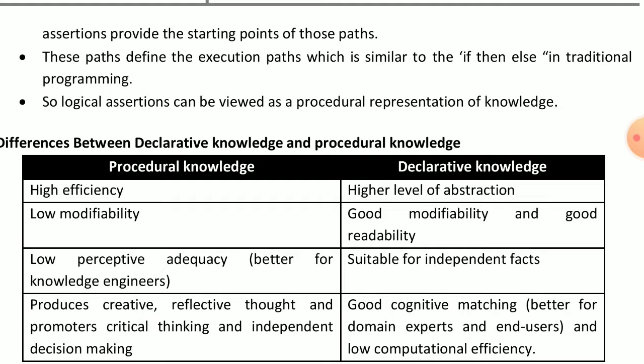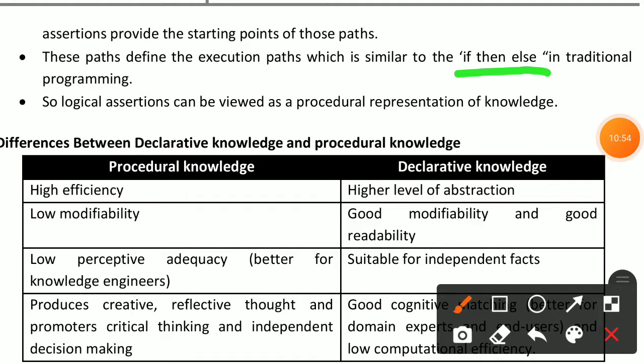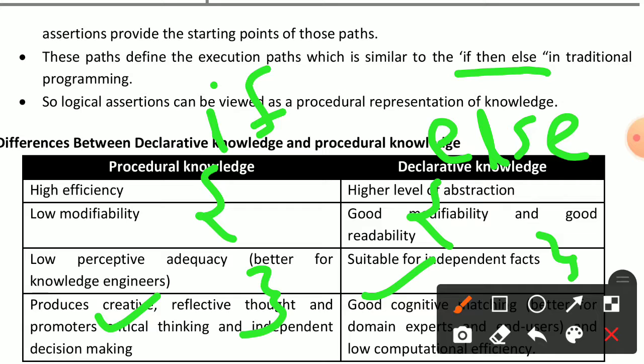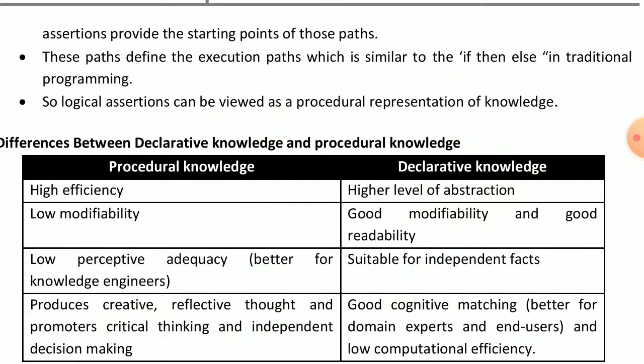Okay, if first is true, okay, in programming you have if-then-else. So if the if path is not executed, then the flow goes to the else path and we can get the solution.